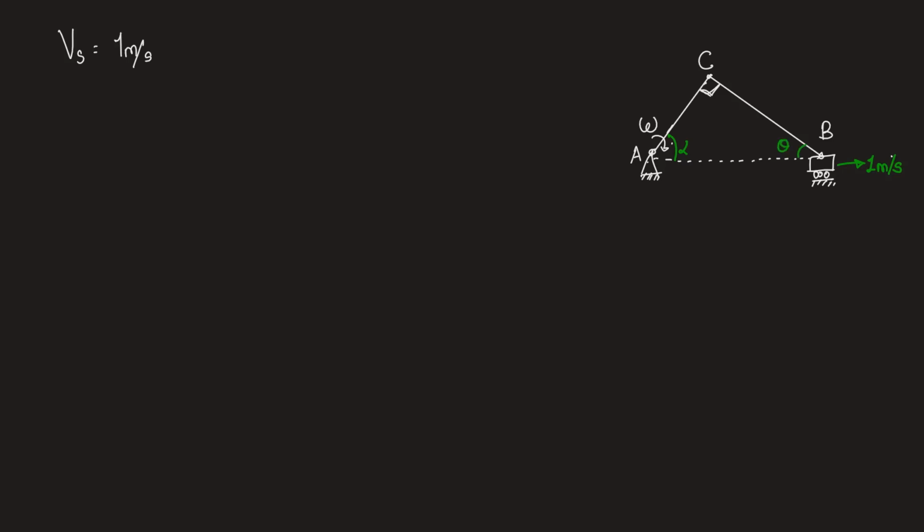Now in order to find out omega, we can interpret the direction of velocity at point C. So if we manage to find out velocity of point C in this direction along BC, we can find angular velocity of the crank rod, because if we name this green vector VC, VC can be given as omega into the length of crank rod, which we take as R. So omega R can give us the velocity of point C along BC, because BC is perpendicular to the crank rod.